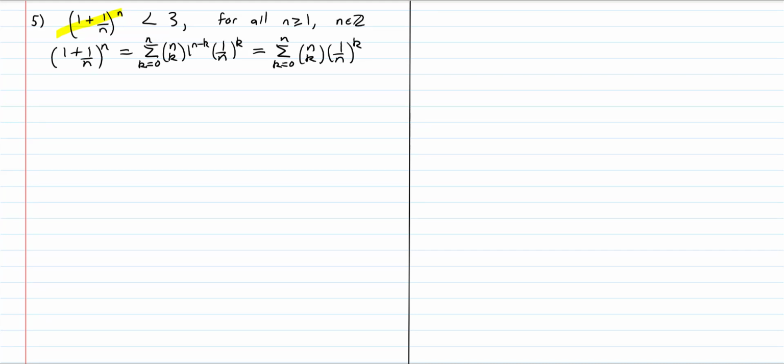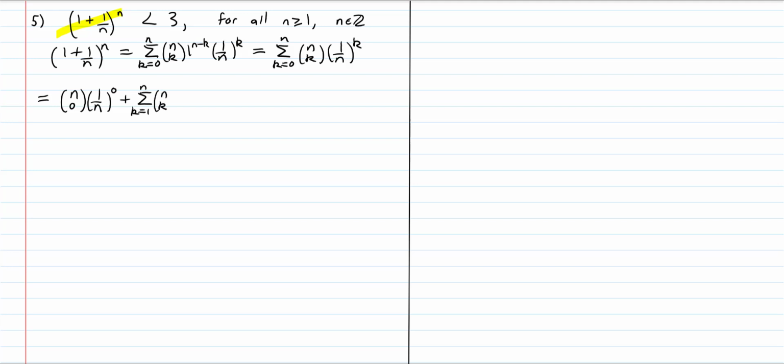So because we know that n is greater than or equal to 1, we can write out the first term of our summation when k is equal to 0, and then take our summation going from k equals 1 up to k equals n. So we have then, for k equals 0, we're going to get n choose 0 times 1 over n to the power of 0, plus our summation going from k equals 1 up to n.